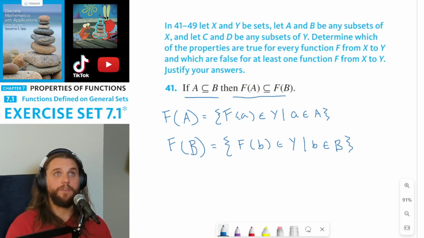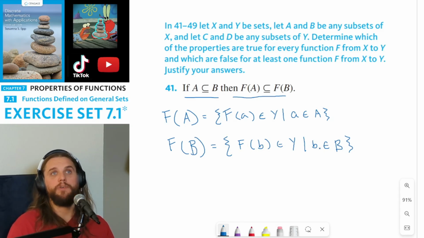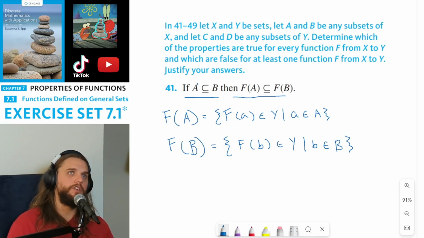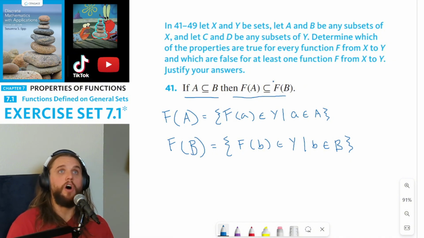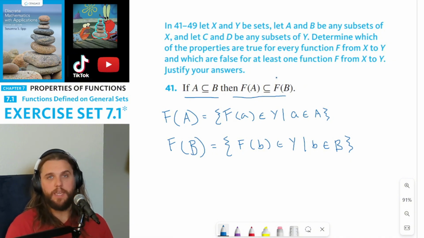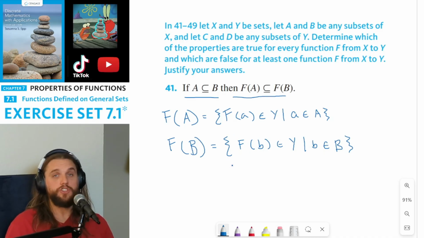Capital F of A represents all of the outputs in the codomain where the inputs correspond to elements of the subset A. Capital F of B represents all of the outputs in the codomain such that the inputs come from the set B. This is saying that if the elements in our domain from A are also elements in our domain from B, then the corresponding y values of A are also going to be corresponding y values of B. And that is true.